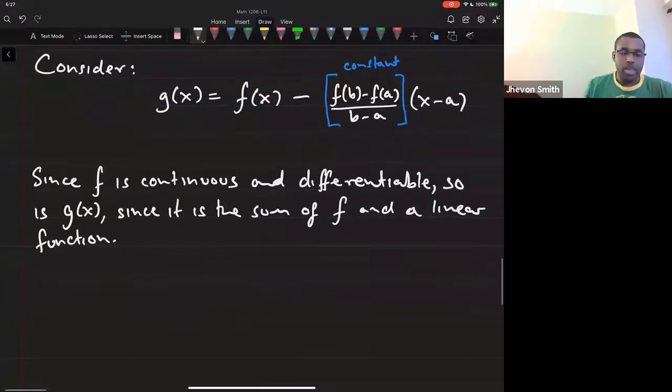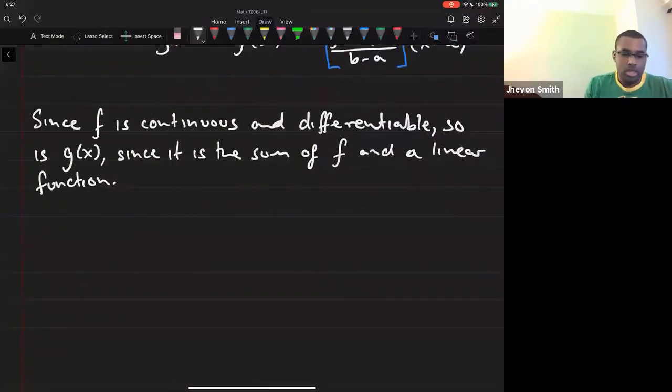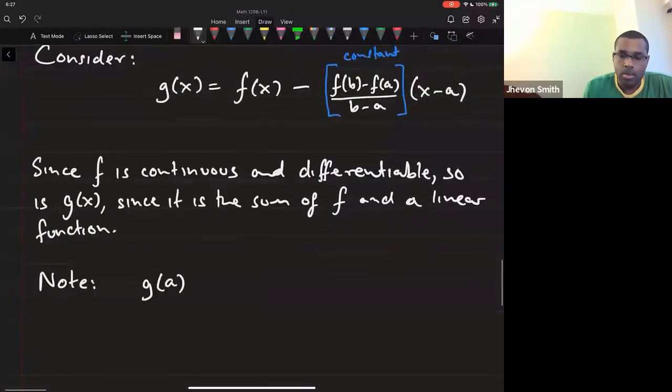And here's something you can notice. If I were to find g of a, I'm going to plug this in. Wherever I see x, I'm going to plug in a.